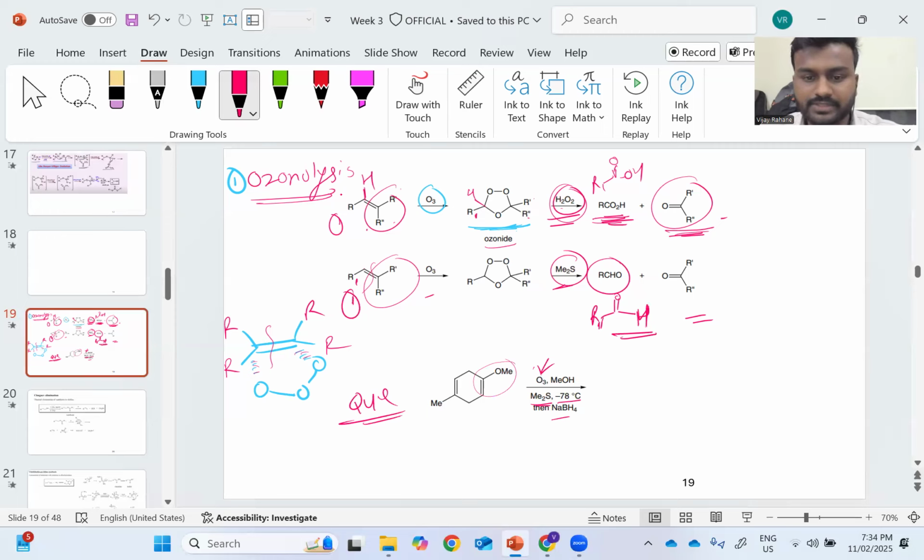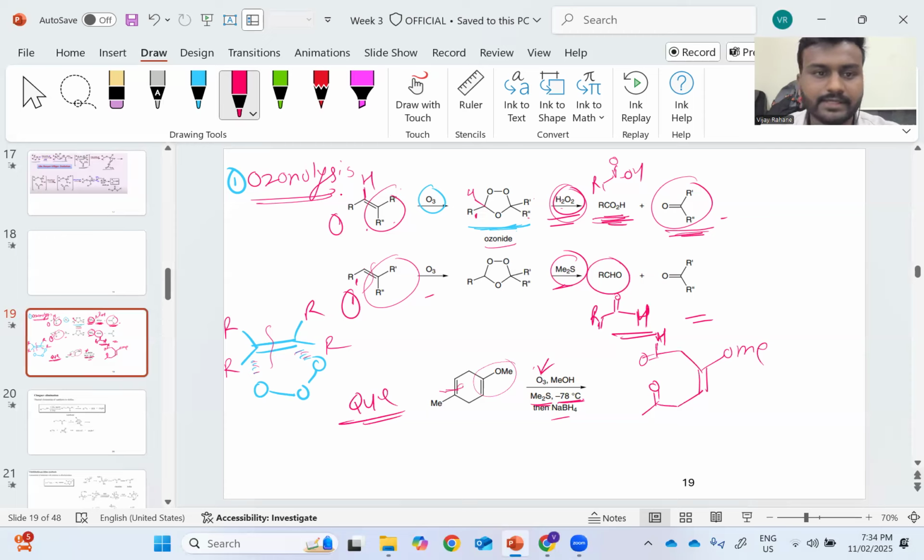So in this case, what happens? We have to remember this minus 78. In this case we get aldehyde and keto. This bond breaks into the aldehyde and keto.